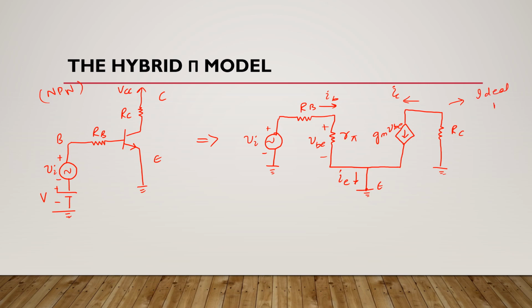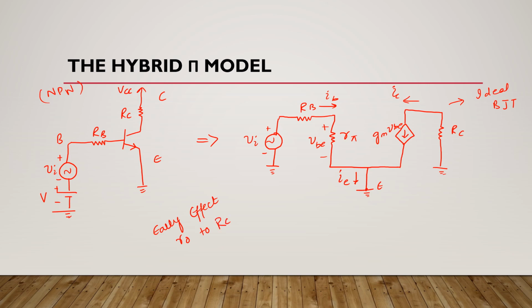So this is an equivalent circuit for an ideal bipolar junction transistor. Now, in case of a practical BJT, the early effect is also considered, and in this case R0 is added in parallel to RC.